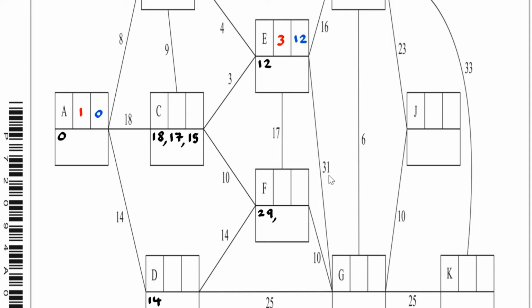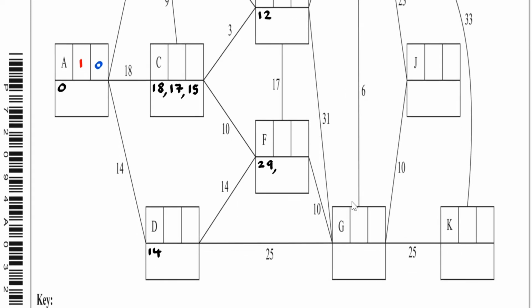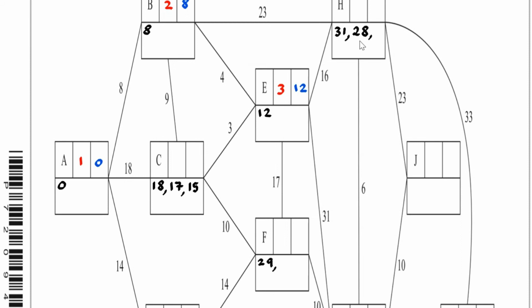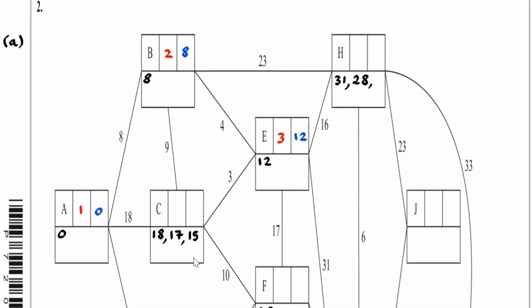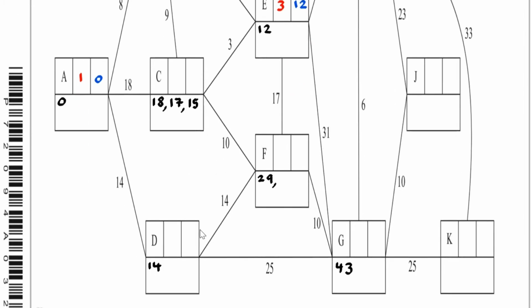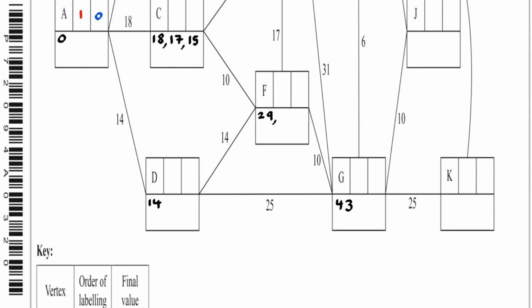And we have 12 plus 31, which is 43. So now the smallest from 14, 43, 29 and 28 and 15, that is the 14. So 14 will be our final value, and the order of labeling will be 4.